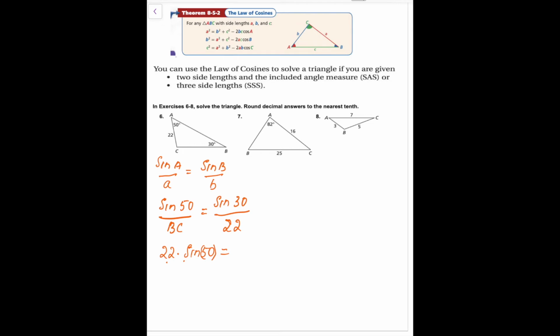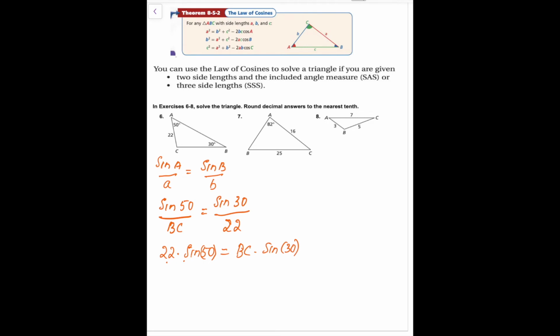Otherwise it will calculate sine 50 times 22, so you will be getting a different answer. It's always safe to put the parentheses around 50 when you plug it in the calculator. So 22 times sine 50 is equal to BC times sine 30.